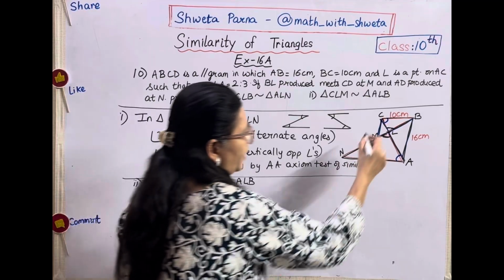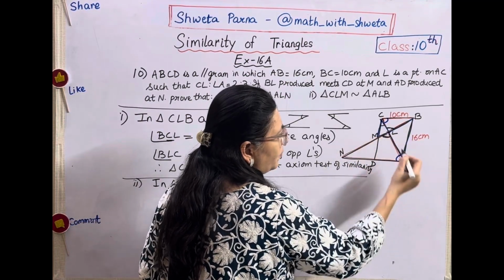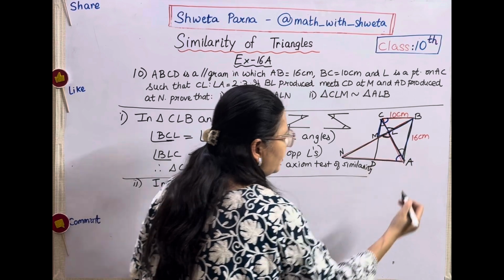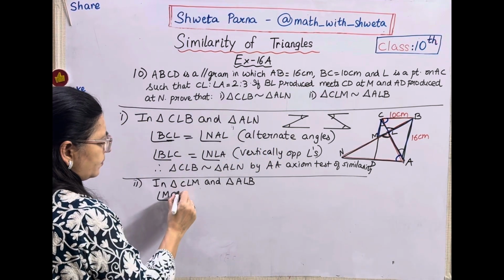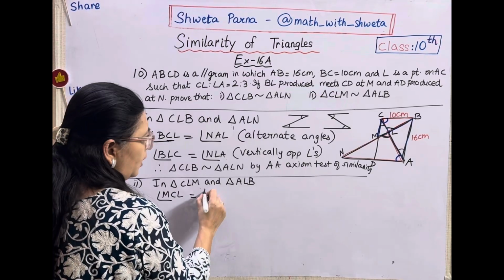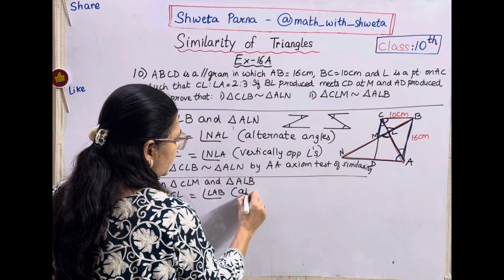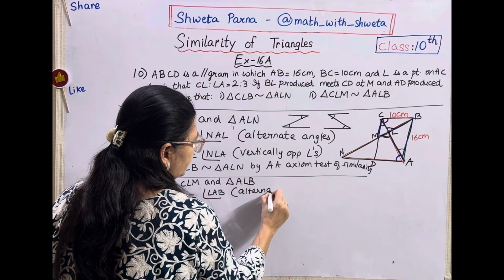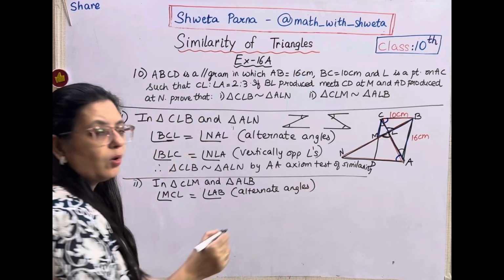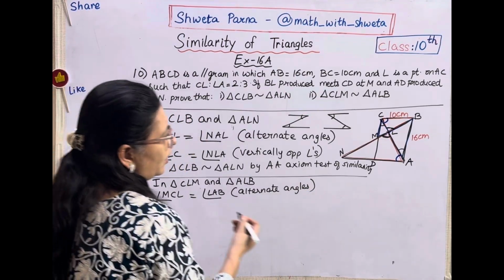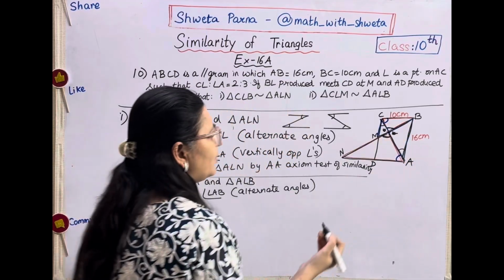First, same way, these two sides are parallel to each other. So this angle will be equal to this angle. So angle MCL is equal to angle LAB. What is the reason? Alternate angles. You can write alternate angles are equal. Now same way, this and this are vertically opposite angles.